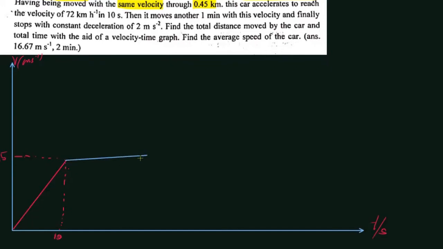So what is the time taken? The time taken is actually not known. What we know is only that this is 450 meters. Only this is known, right?